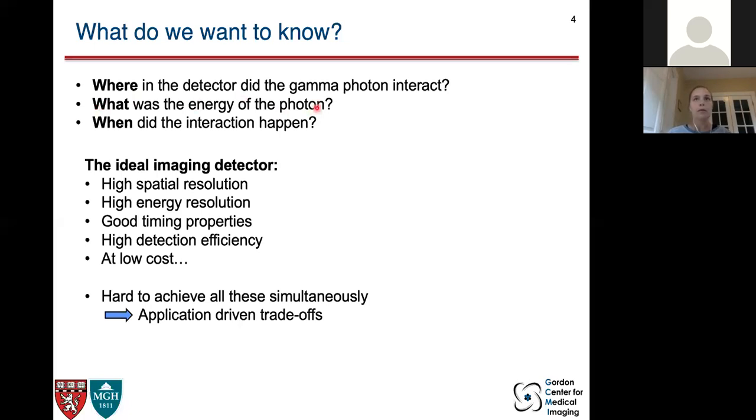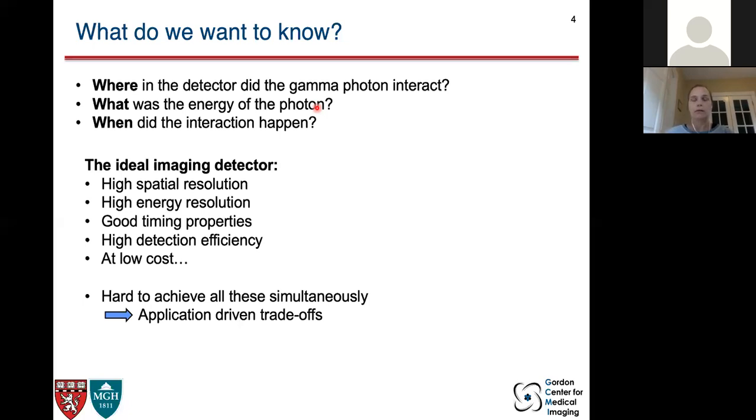And this is important because you want to reject any photons that were scattered within the body before reaching the detector. Because in such scatter events, two things happen. The first is that the direction of the photon will change, so the direction with which the photon enters the detector is not directly correlated with the point of emission.